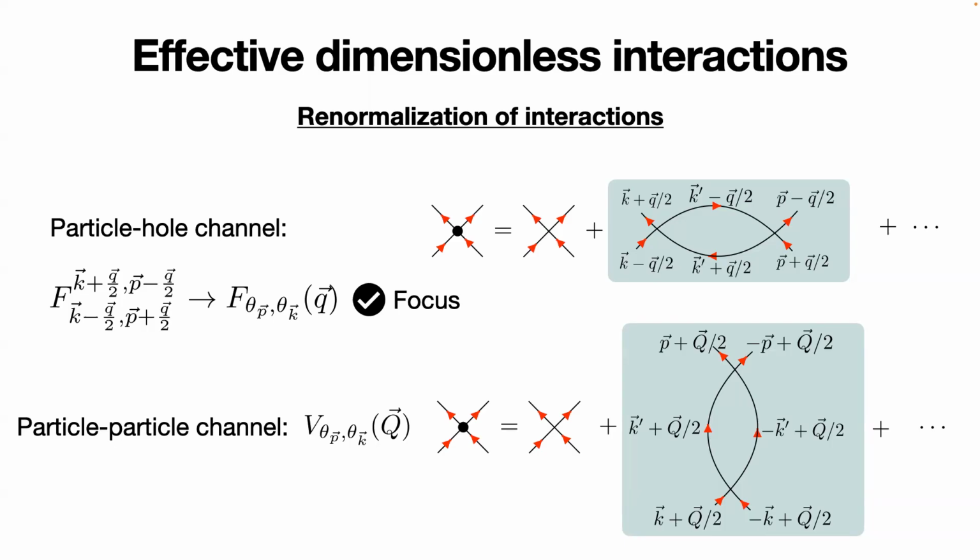In the paper, we also study the particle-particle channel. Later on, I even require the particle pair to not appear if we require some symmetry, like U(1) symmetry, the particle conservation law. So this can be forbidden, and we only need to consider this particle-hole channel.